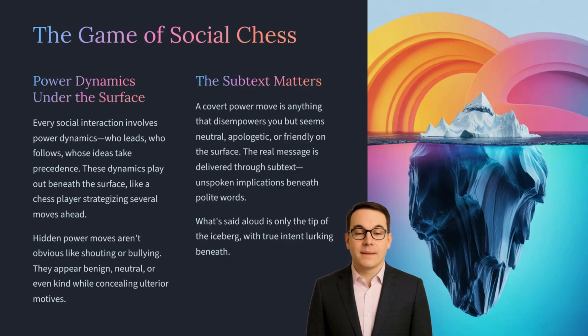In other words, the real message is delivered through subtext or subcommunication, the unspoken implications beneath the polite words. Often what's said aloud is only the tip of the iceberg, with the true intent lurking beneath. It's in this hidden subtext that your status or confidence can be undermined without you immediately realizing.